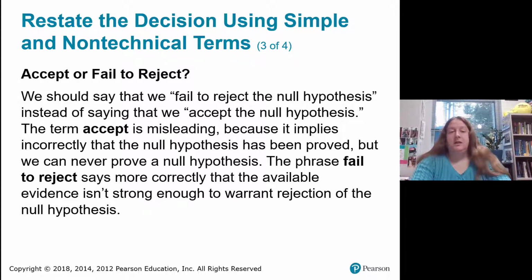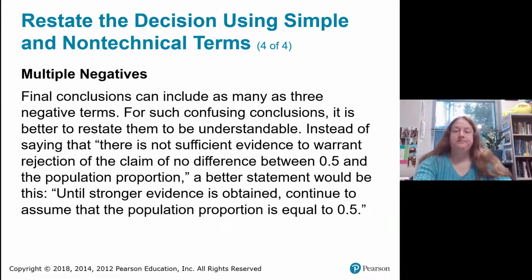Again, this fail to reject: we use the term fail to reject because the term accept is misleading. It implies incorrectly that the null hypothesis has been proved, but we can't actually ever prove a null hypothesis. So we have to use the phrase fail to reject when we're talking about it. Again, multiple negatives here, fail to reject, get confusing for people.